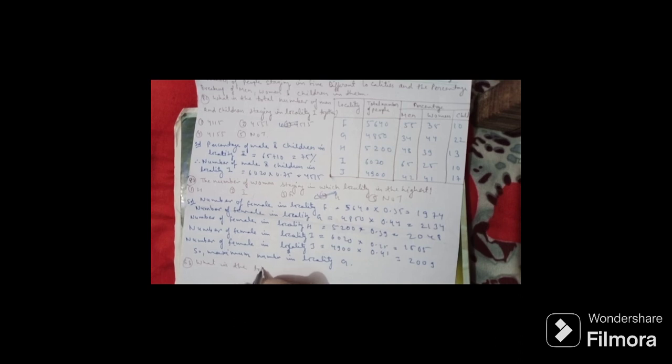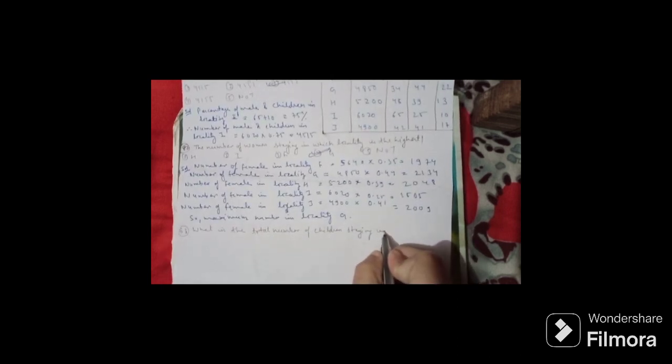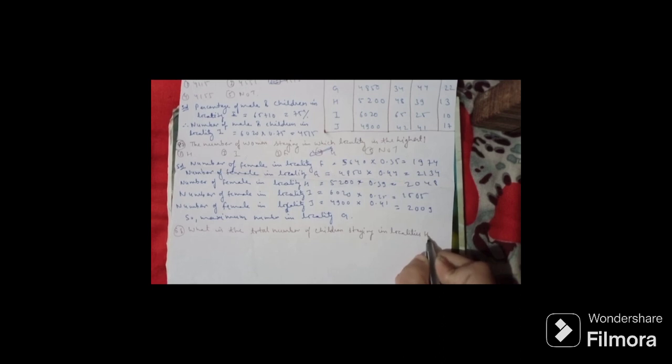What is the total number of children staying in localities H and I together?